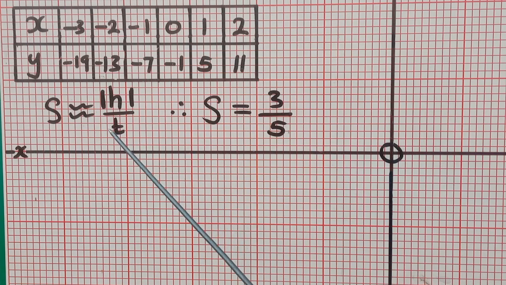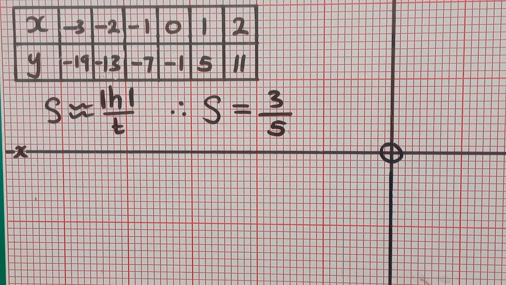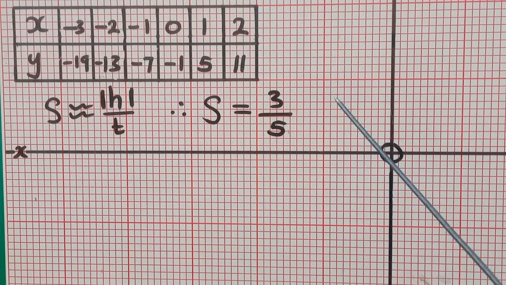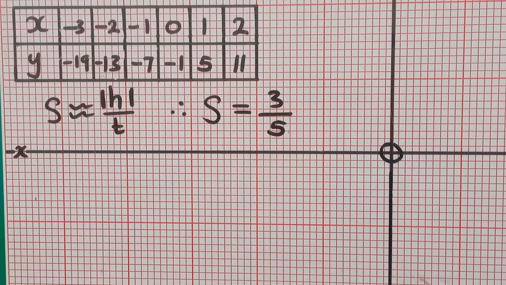Let's continue. And then this T became 5. Don't forget. Certainly, we're going to get a decimal after dividing this 3 by 5. First, let us try to get the answer before we think about deciding to manipulate or not.